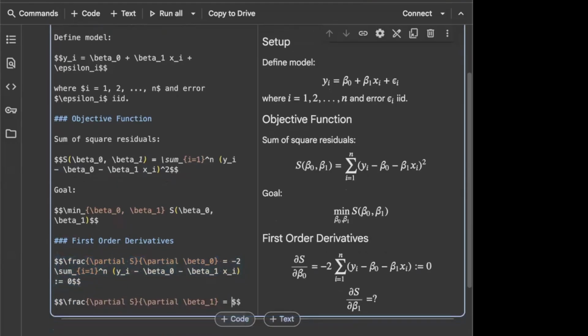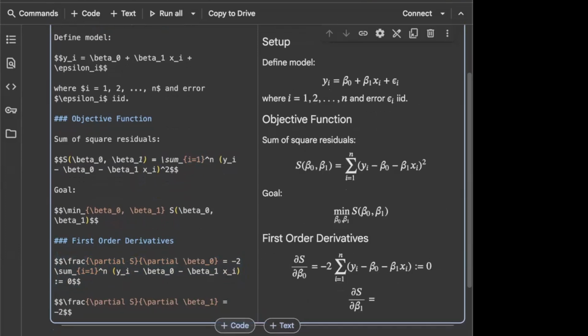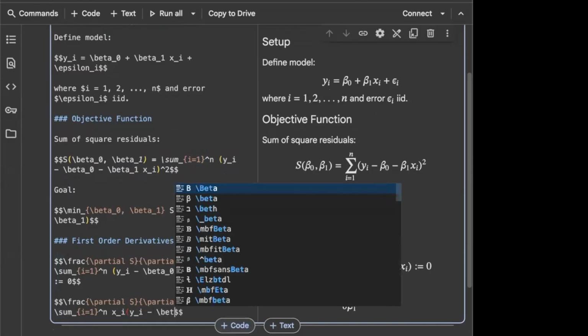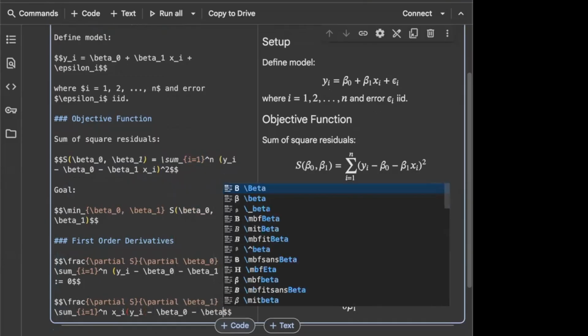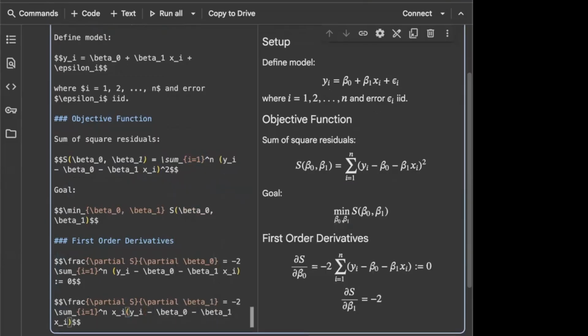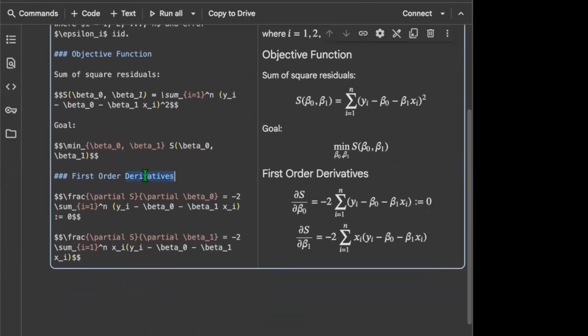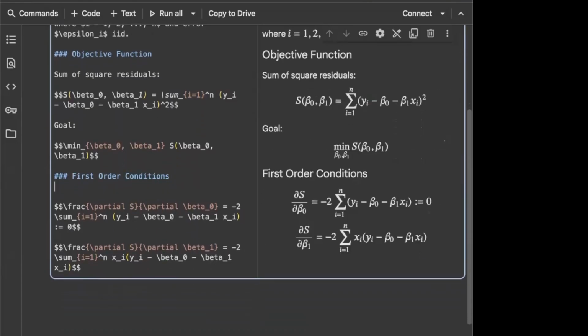Then we do the same with respect to beta 1: the minus 2 comes up, the summation stays the same, and the xi comes out because of the chain rule, and whatever is inside the parentheses stays the same. Those are the two functions that we have. You can call them conditions, because you have two equations and two unknowns.